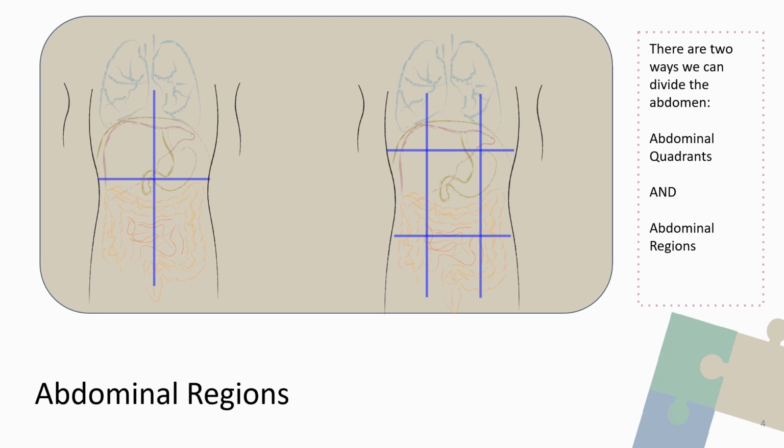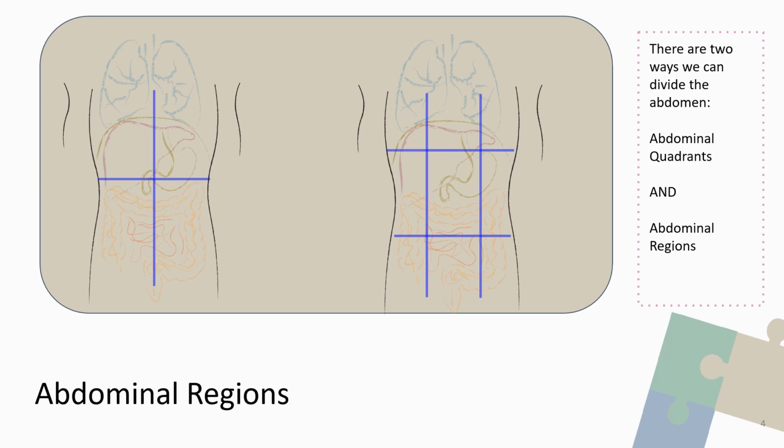So why the difference between quadrants and regions? That's really specific to every individual practitioner. Quadrants are extremely easy. You're going to see that they're super simple to name and to use abbreviations for. However, abdominal regions takes it from 4 to 9, which is a little bit more specific when we're trying to really locate what is wrong with our patient.